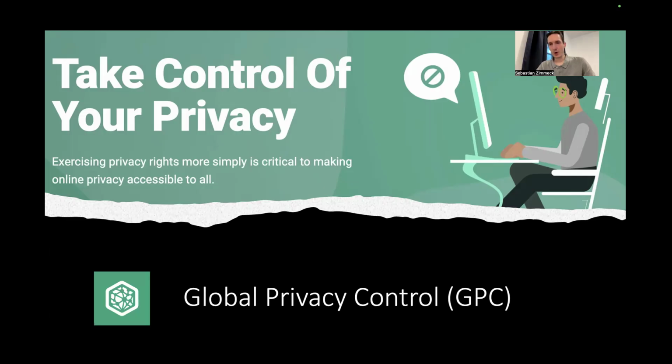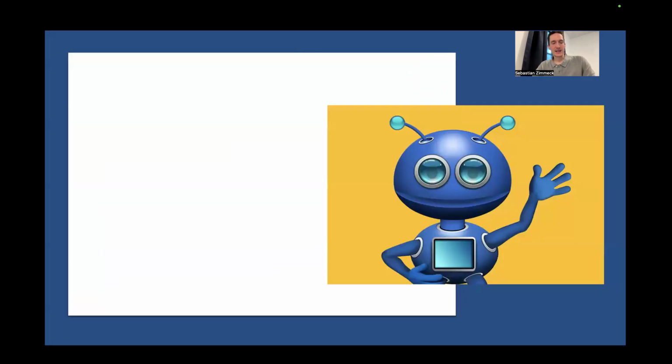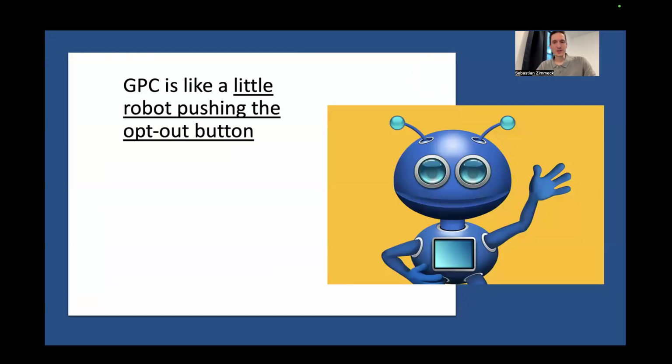And that is what global privacy control is intended to do. The idea is to have a little robot that pushes the opt-out button. So when we visit a website, the browser tells the website to not sell or share our personal information. The same when we use an app.